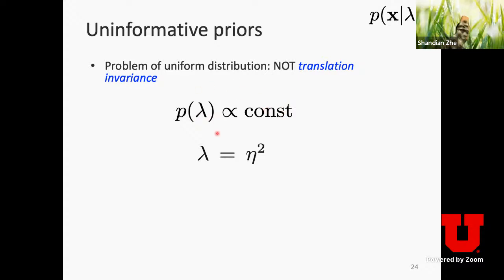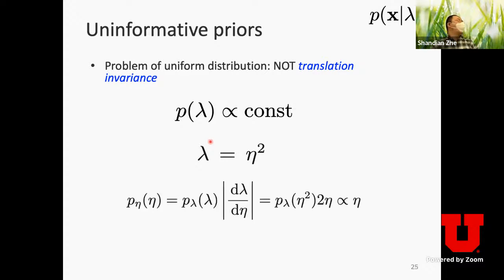Now, if we make a transformation over lambda, like I define a transformed random variable eta equal to the square root of lambda, in other words lambda equals eta squared, then what is the probability density for eta? Ideally, we want the distribution over eta to also be proportional to a constant, meaning that if lambda is uninformative, then any of its transformations should be uninformative as well.